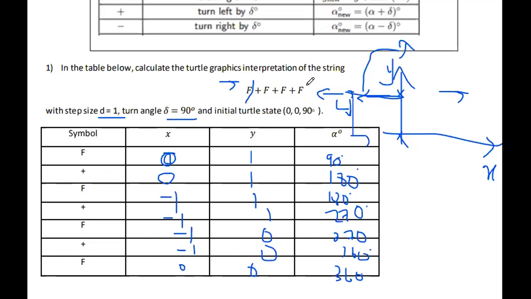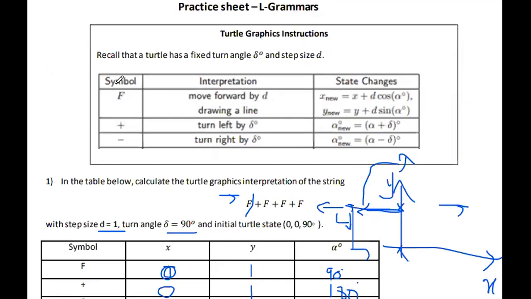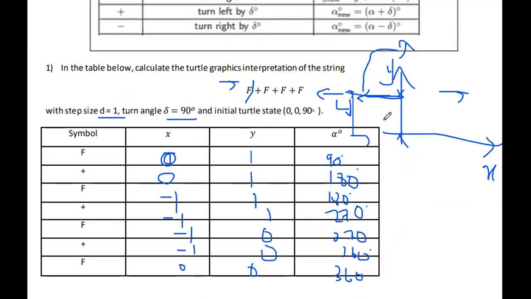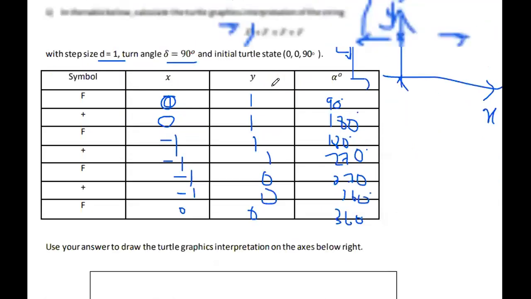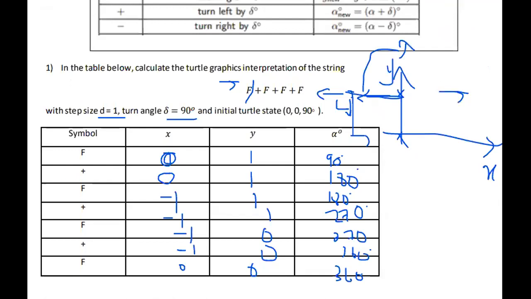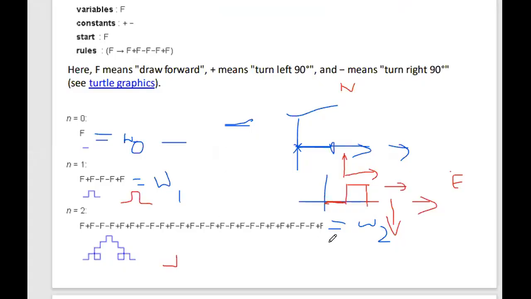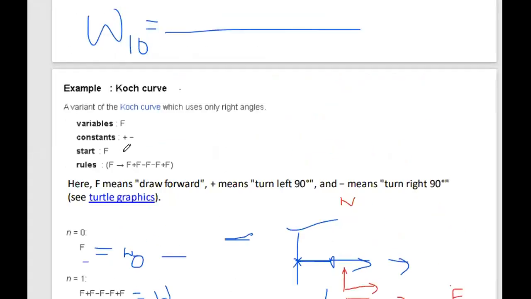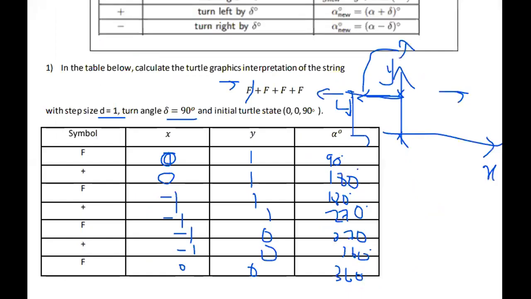When you define these symbols in this manner, you can visualize the word this way. If you have a complex word like this, you can visualize it. Then how do you code this?